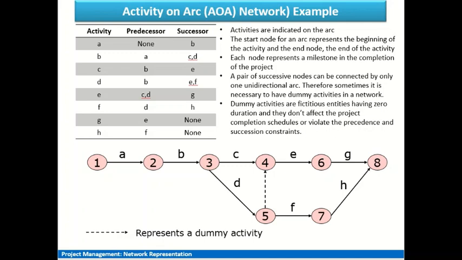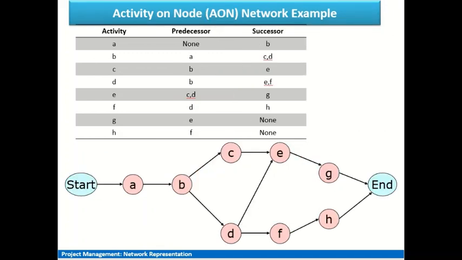Next, in the slide we take up what we call the activity on node diagram. The same example has been taken with the list of activities and their predecessors and successors. Here we always start with a starting node and an end node, between which different activities are distributed.